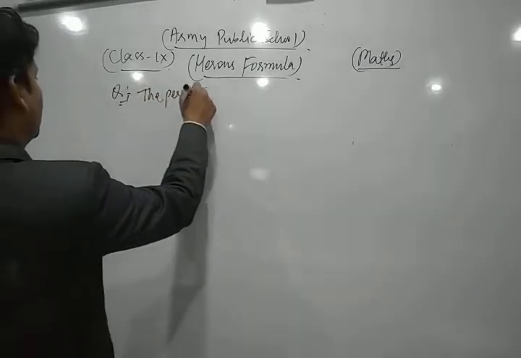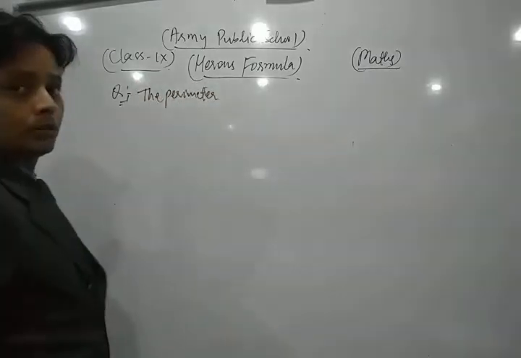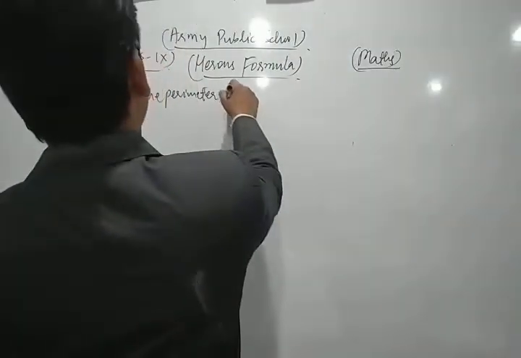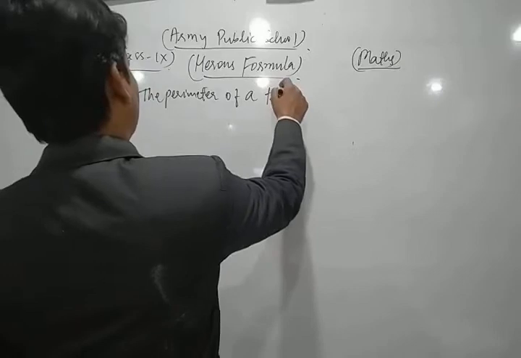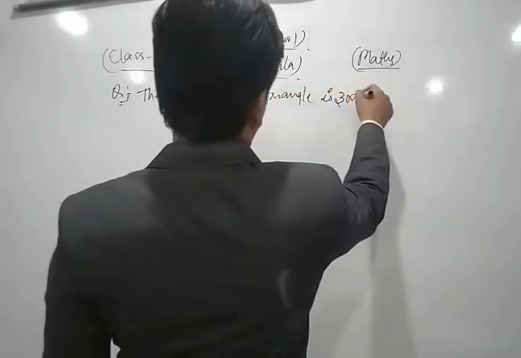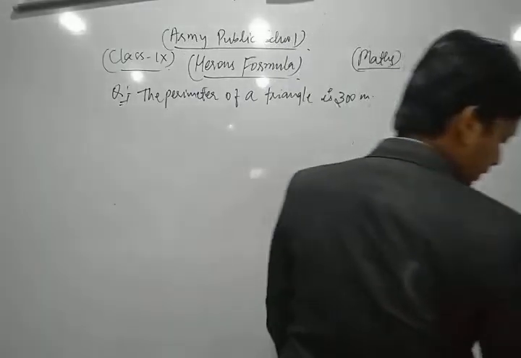The perimeter of a triangle is 300 meter.